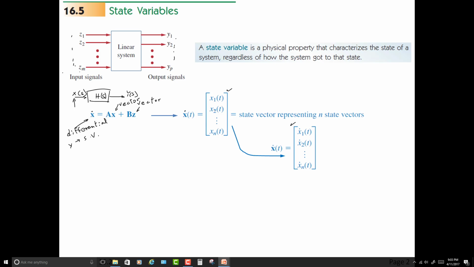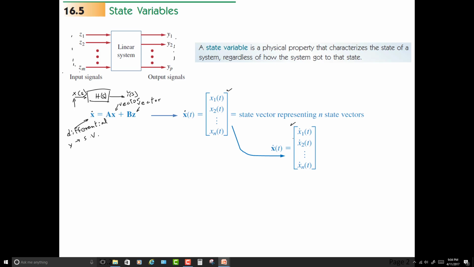This one is the state variables themselves, and this is the differential of those variables. But this one here is the one that we want to pay attention to. I'm not sure what they're expressing there, so I caution you, don't get too tangled up in that.